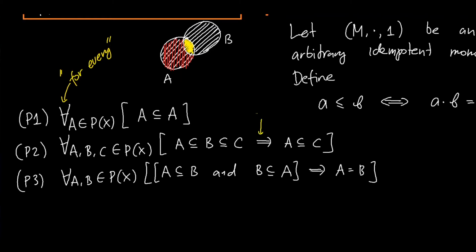This is the symbol for implies. So it's a logical dependence. It's telling me that if the left-hand side is true, then the right-hand side must be true as well.